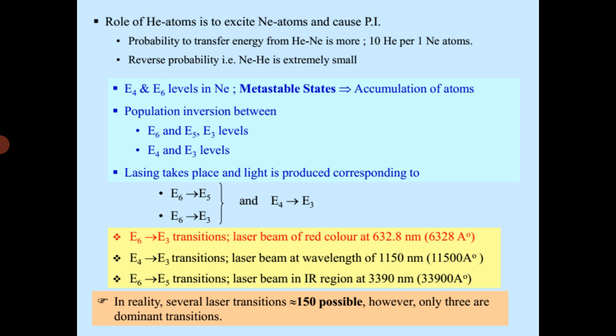E6 to E3 transition gives a red laser beam at 632.8 nanometer. E4 to E3 transition gives a laser beam at 1150 nanometer, and E6 to E5 transition gives a laser beam in the infrared region at 3390 nanometers. In reality, about 150 laser transitions are possible. However, only 3 are dominant.